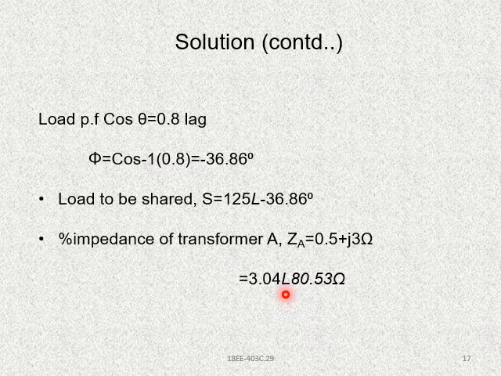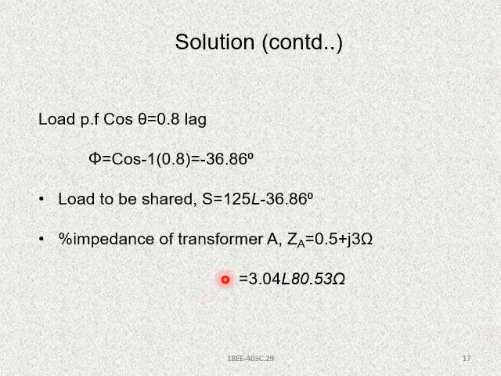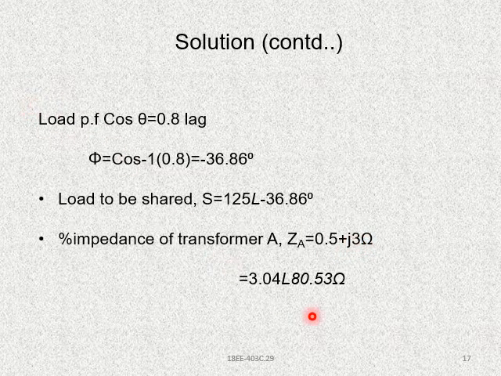This can be done simply by entering the values in your Casio with the mode in complex form, so that if all the values are in polar, it will be very easy for us to calculate. If it is represented with an angle, that is called polar form, and if it is represented in j notation, then it is called rectangular form. Please make a note of these.